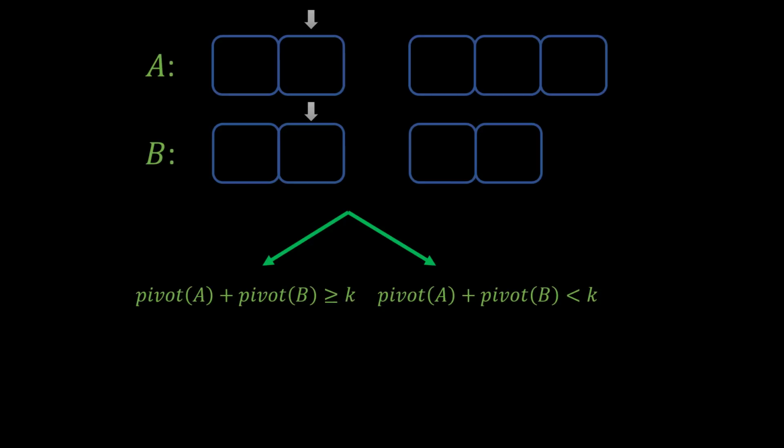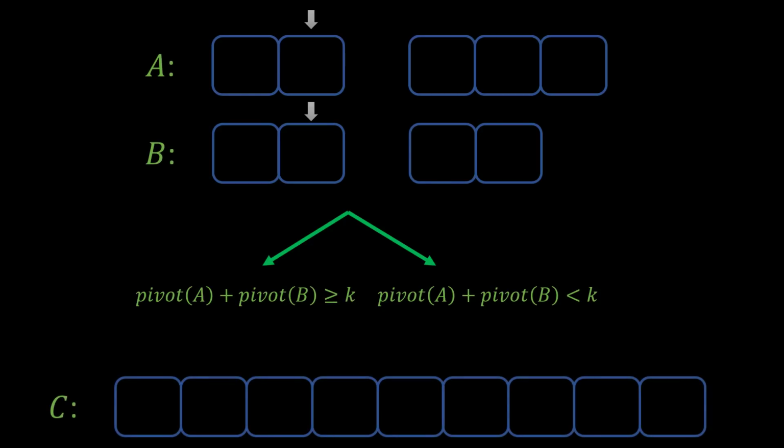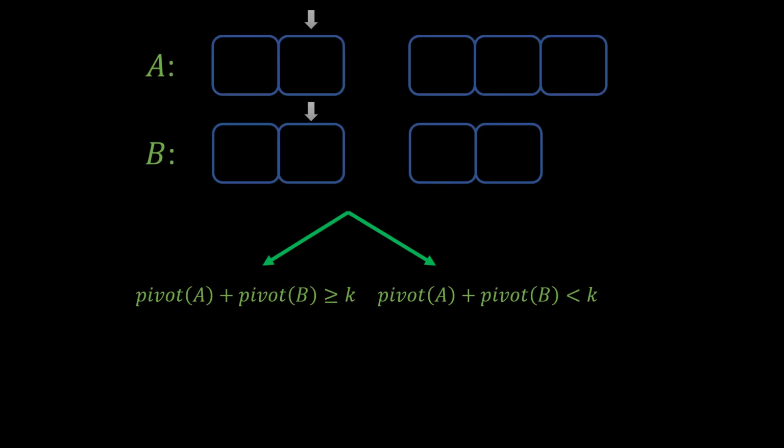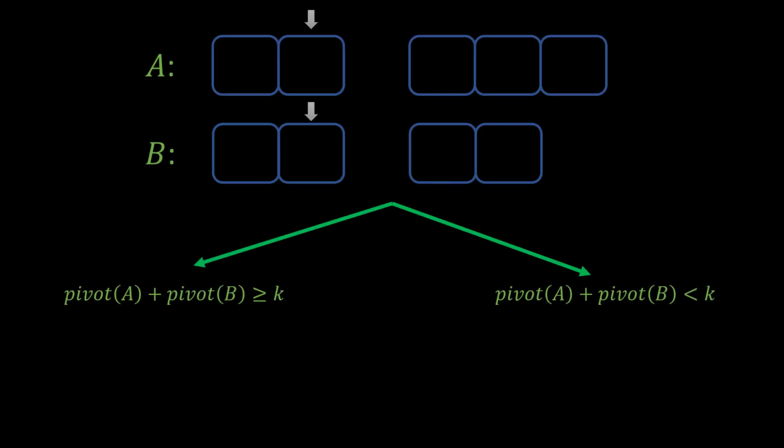Now, the intuition behind this is that you want to know whether k is after the middle of the sorted array or before the middle. Well, first of all, we don't know anything about the elements in A and B, so for now, to get some information, we're going to peek at both the pivots of A and B, and in this case, they were 3 and 4.